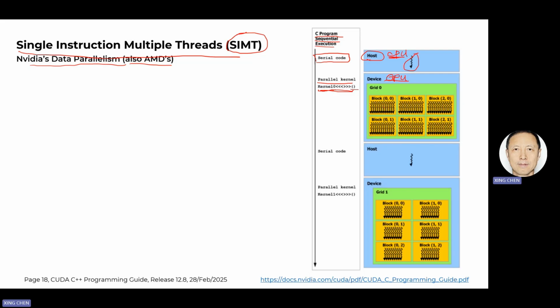And then what you are going to have is lots of threads. Here you have the threads, 1, 2, 3. You have lots of threads, because I have said that GPU computing is to use the threads to explore the data parallelism. So for GPU, you are going to have lots of threads, much more than the hardware units you have. And then you are going to use all these threads to help you to do the computing.